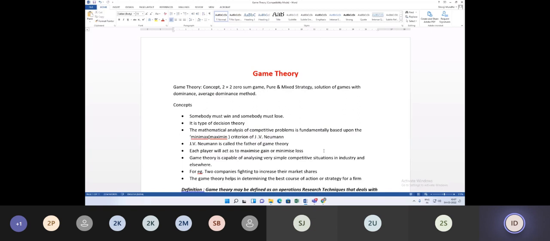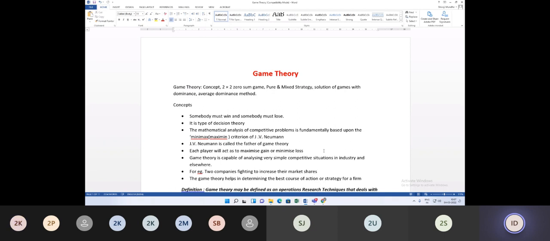A player may be a single person or a group of persons on one side, and on the other side, again a single person or a group of persons, and they are playing the game. Game theory comes under decision theory, the scientific techniques of decision science.